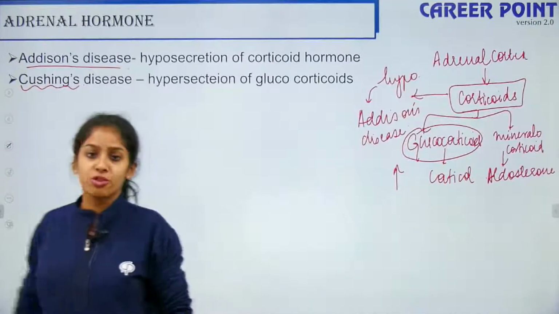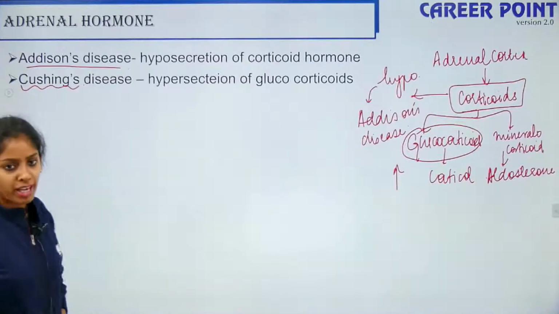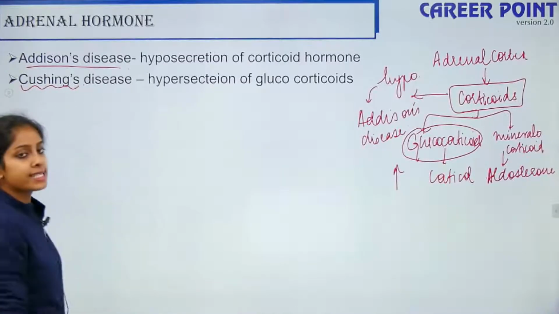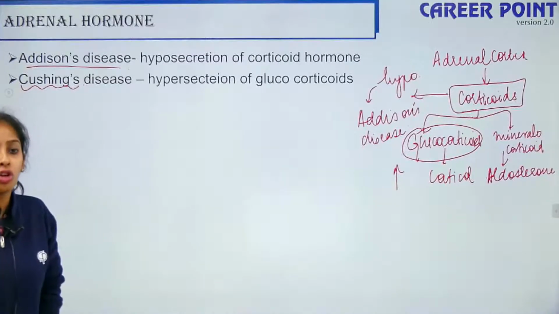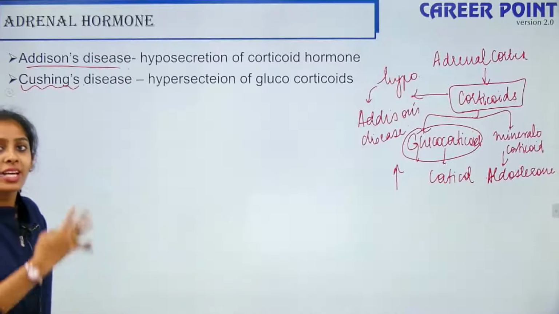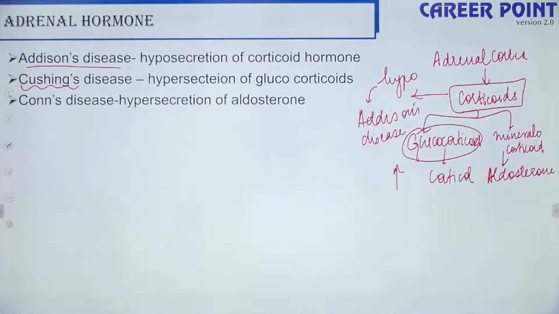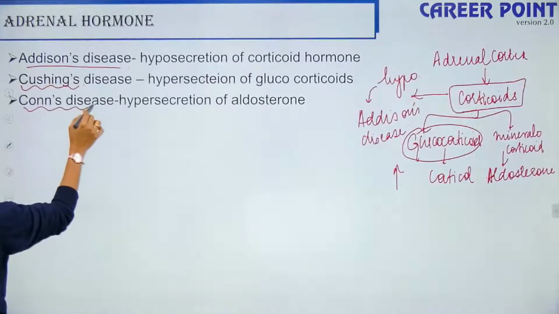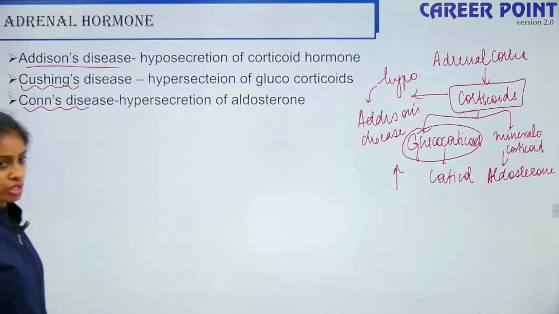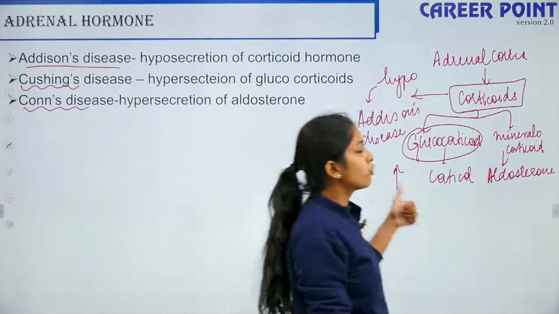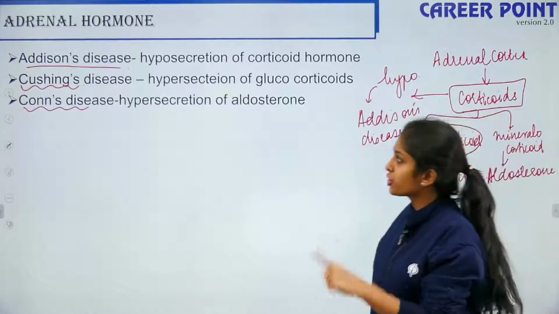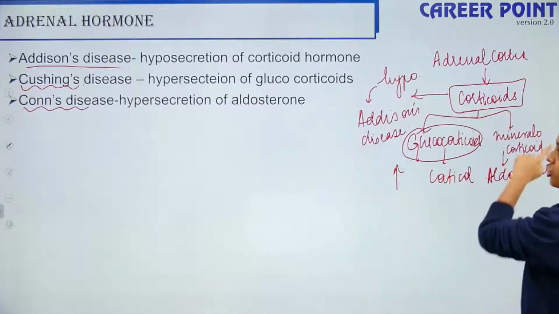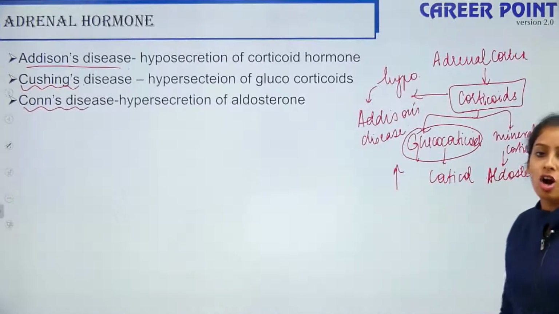I would not have told you this in the lecture, so please make a note of it. You have increased glucose metabolism. Conn's disease is hypersecretion of aldosterone. So hypersecretion of glucocorticoids is Cushing's disease and hypersecretion of aldosterone is Conn's disease.